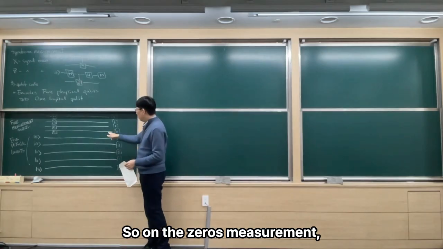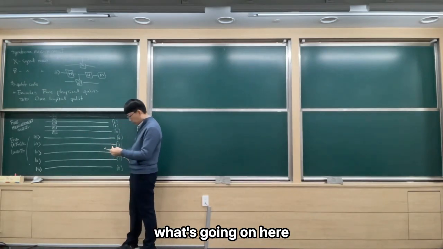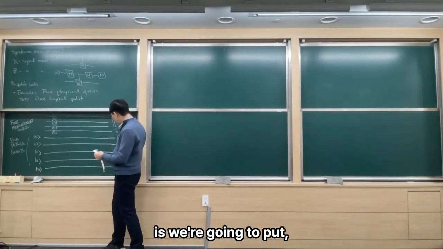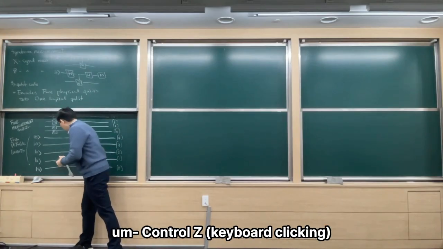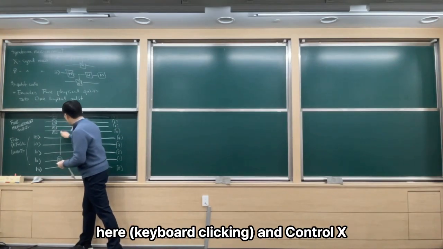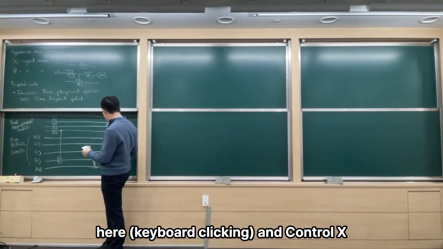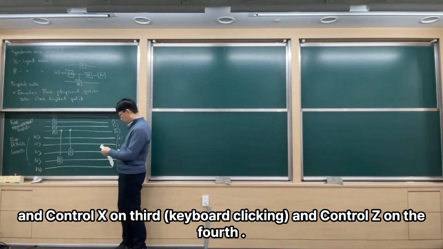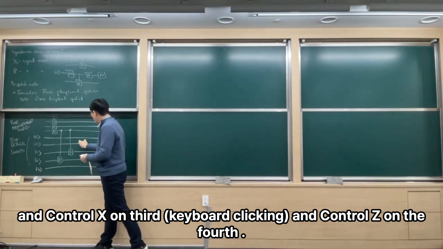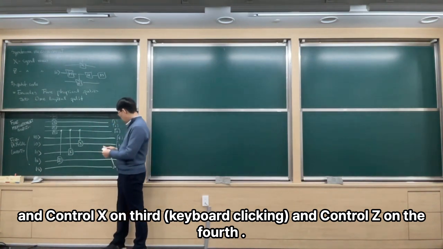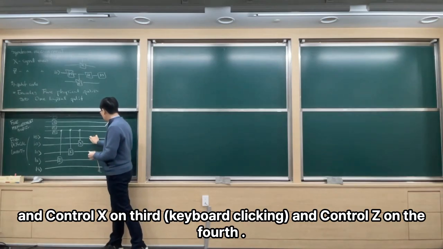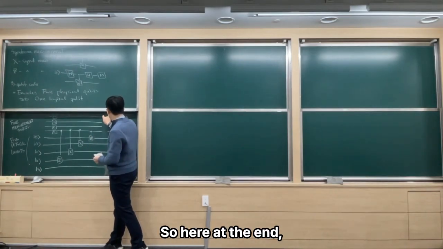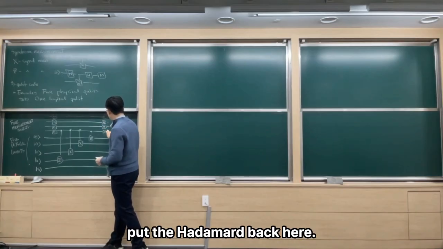So on the zeroth measurement, what's going on here is we're going to put Control Z here and Control X on the second, and Control X on the third, and Control Z on the fourth. So here at the end, put the Hadamard back here.